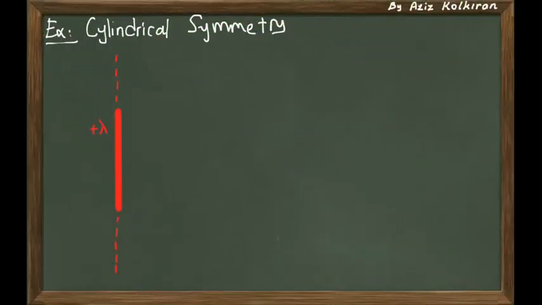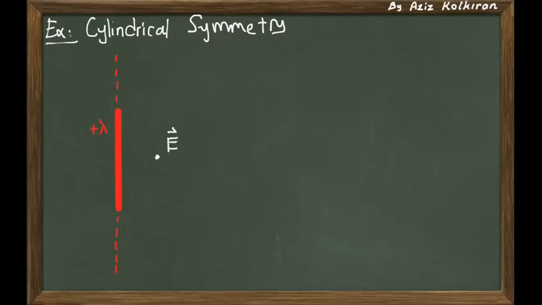Now suppose we have a charge density over a line, and this line extends to infinity, and suppose the charge density is plus, and we call this lambda the line charge density, and we are curious about the strength of the electric field around this line.